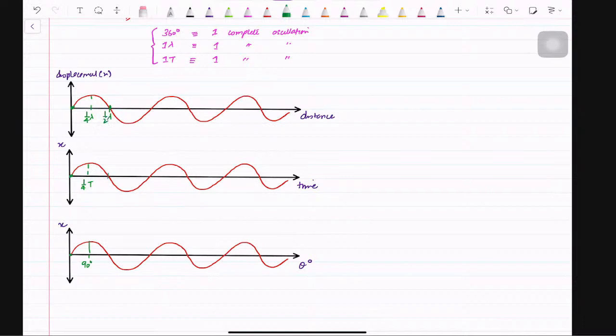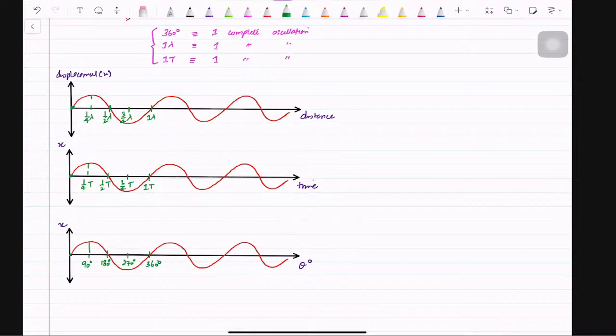This is half time period, and this is 180 degrees. This point is 3/4 of lambda. This is 3/4 of time period, and this is 270 degrees. And this point is one whole lambda, one whole time period, and that's when it is 360 degrees, and it can go forward as well.